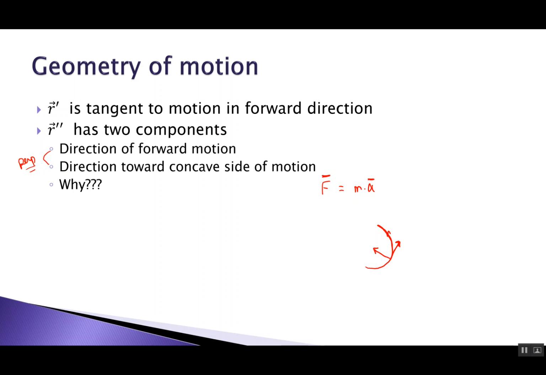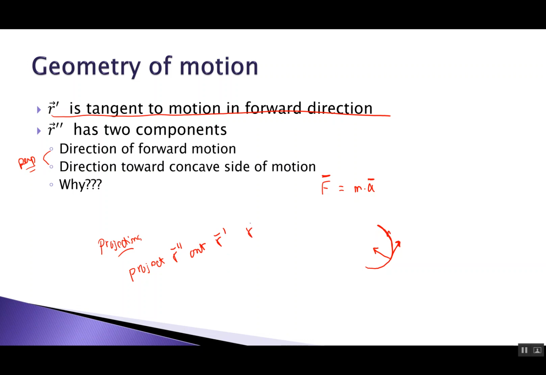You can break R double prime into two components. How would you do that? Oh, you would look at projections. Notice that R prime is tangent to the motion in the forward direction. So you would project R double prime onto R prime.